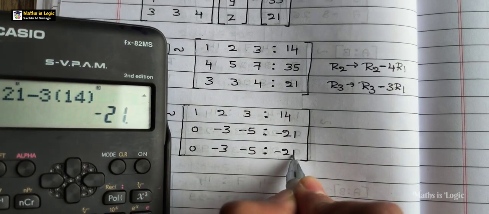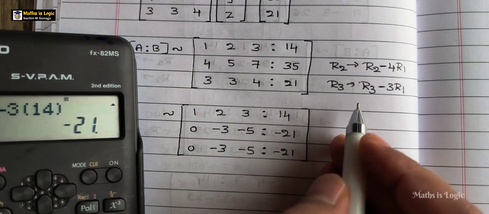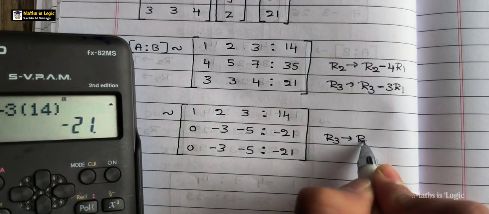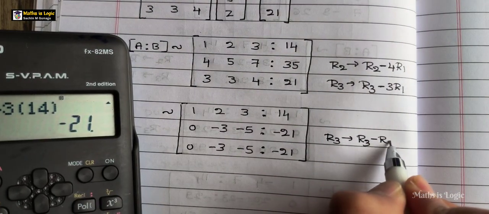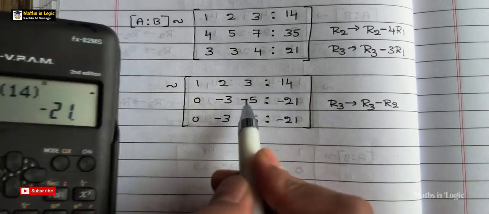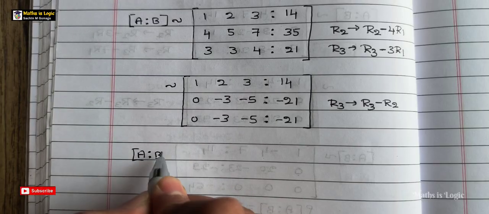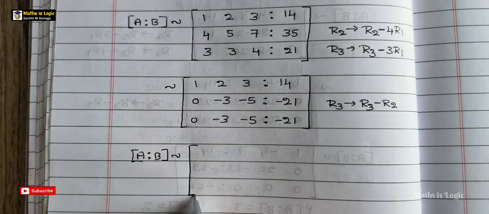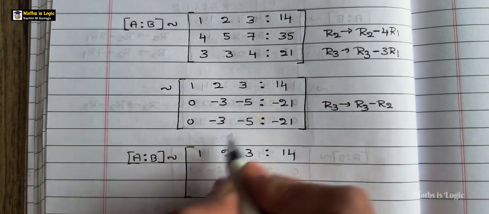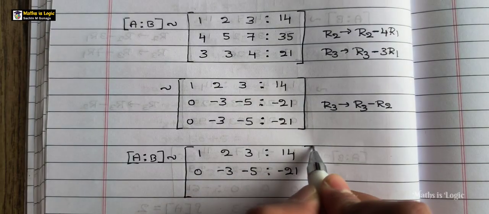Next, the third row second element we should make 0, therefore apply R3 changes to R3 minus R2. So this value directly goes to 0. We are not changing R1 and R2, so keep them as they are. R1: 1, 2, 3, 14. R2: 0, minus 3, minus 5, minus 21.